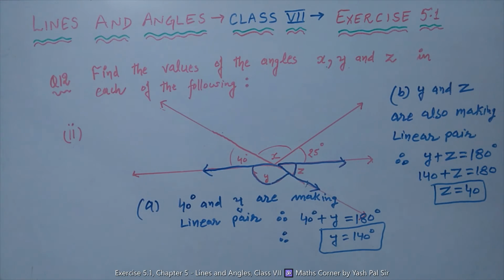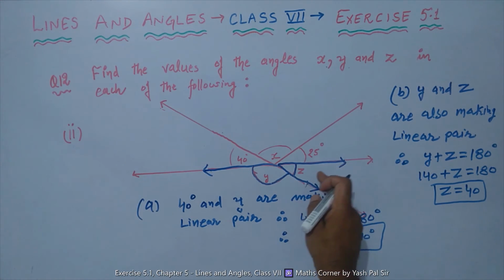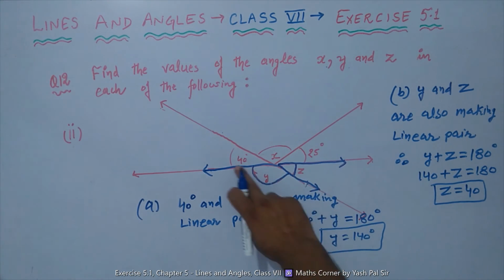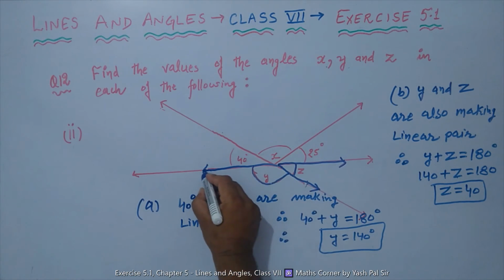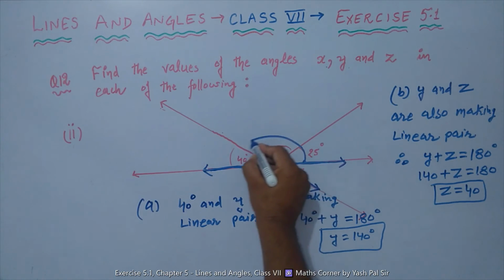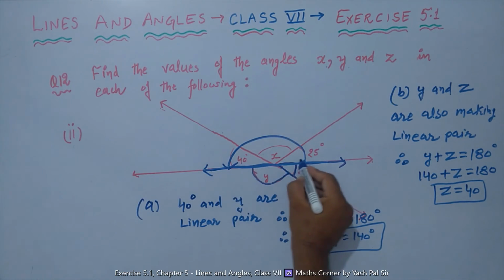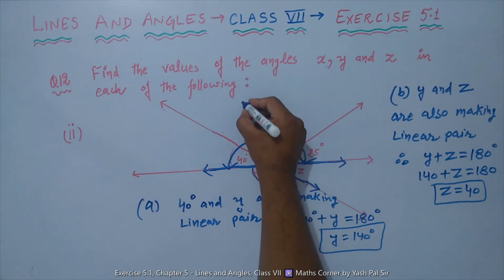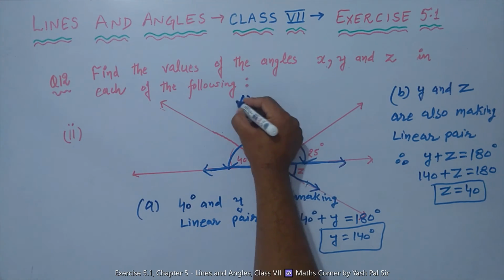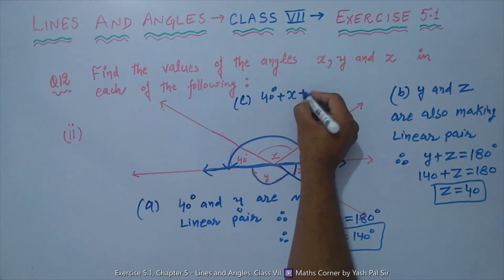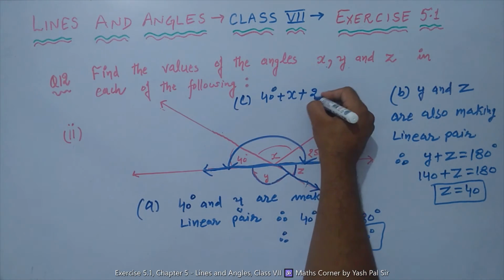Now what we see? Now what we have, 40, x and 25, they are on the same line. So their sum is equal to 180 degree. C part, 40 degree plus x plus 25.